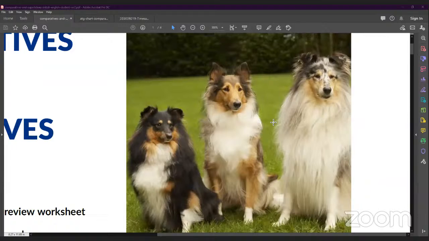For example, a good adjective for dogs might be fast. Can you share another adjective for this picture? A positive adjective, for example, fast or beautiful. Can you share another adjective?